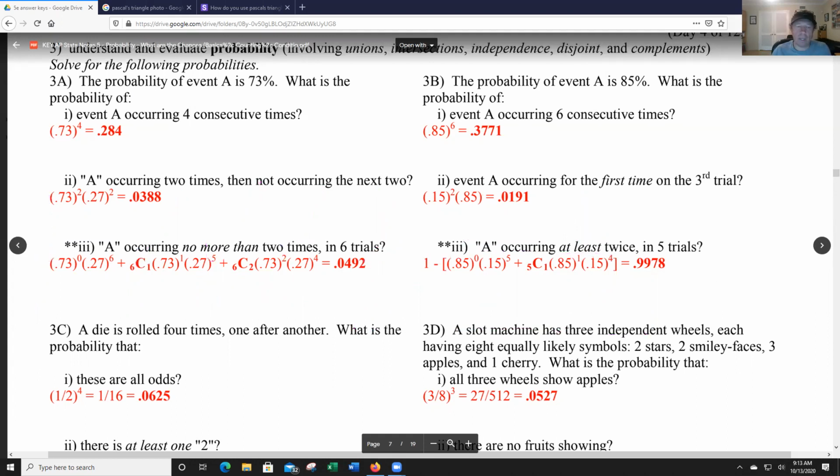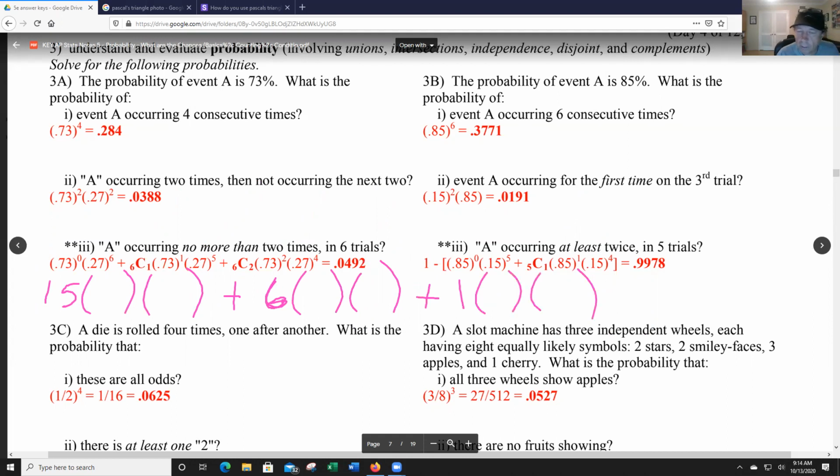I'm going to clear this and write it down here. So we got 15, 6, and 1. Okay, and I'm going to do some multiplying here. I'm going to set my parentheses up, and I'm going to be adding these. And again, this is not a problem that you would be asked to do on this chapter, but it's really cool to get your mind going on this.